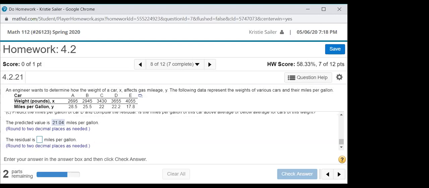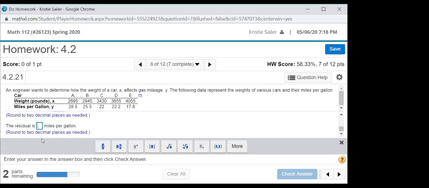Okay, so the predicted values are the ones that are on your line of best fit, right? So that means your actual data point was above that, you see?